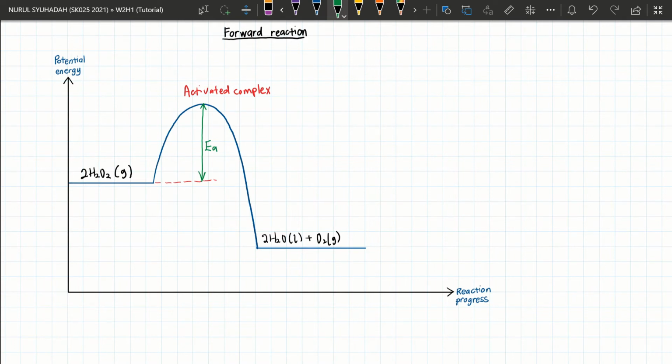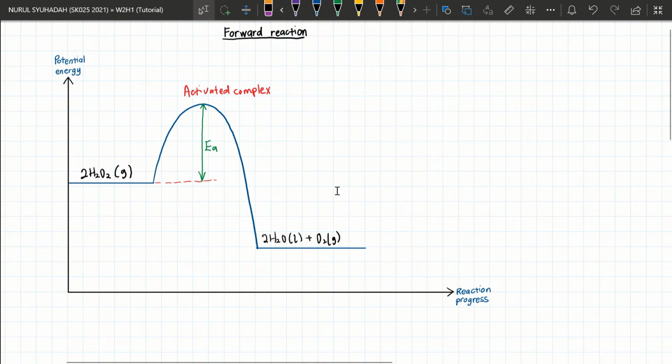If the activation energy is given to you, do write down the value of the activation energy. But if not given, then just put EA. Okay, the next part is labeling the delta H reaction. Our delta H reaction for the forward reaction is from the reactant towards the product. The same thing that we did here, you can extrapolate the line here, but do it as a dotted line like this, not a solid line.